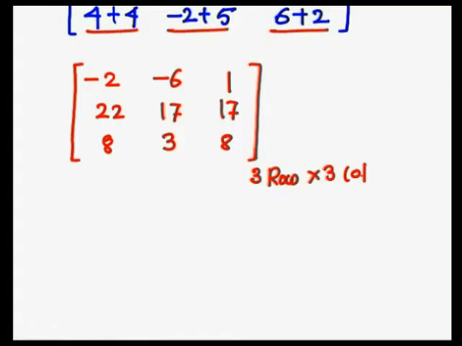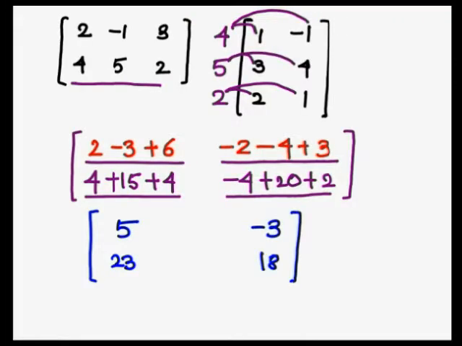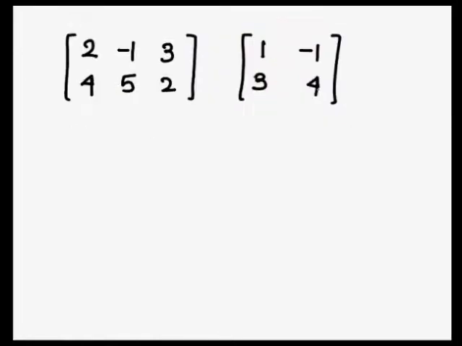In the previous example, there are 2 rows in the first matrix and 2 columns in the second matrix. So therefore, our resultant matrix is of 2 by 2 form. Now let's go to the last topic, that is we multiply these two matrices. So obviously first of all we consider the first row, we write 2, minus 1 and 3.